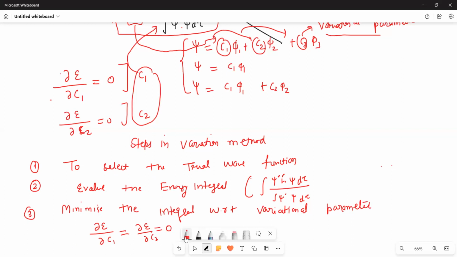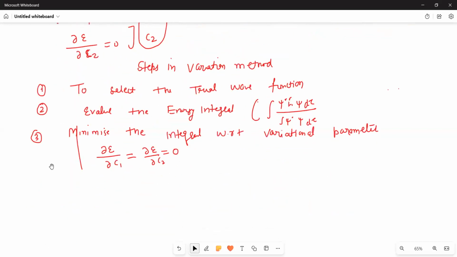Okay. Now in the fourth step, after getting C1 and C2 values, what we will do is find out which wave function is the best approximation.